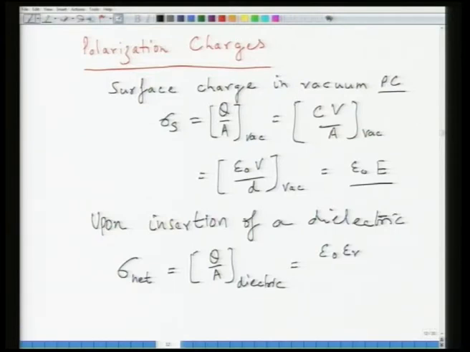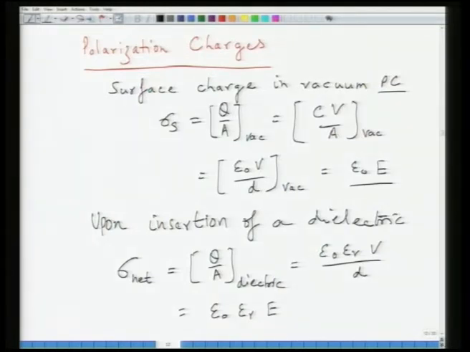So, this would be epsilon naught epsilon R V by D, which means epsilon naught epsilon R E. This is the net surface charge density upon insertion of a dielectric, which, as you can see, is more than the previous one, because here you have a factor epsilon R which is higher than 1. As a result, this net surface charge density is definitely higher than the surface charge density for a vacuum plate capacitor. So, that is what we are going to look at now.